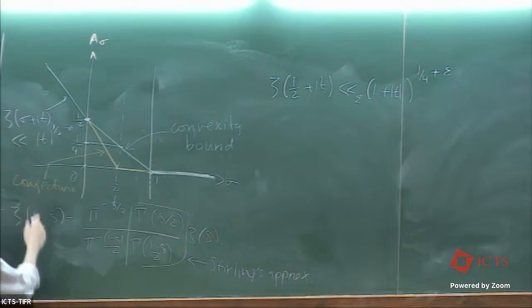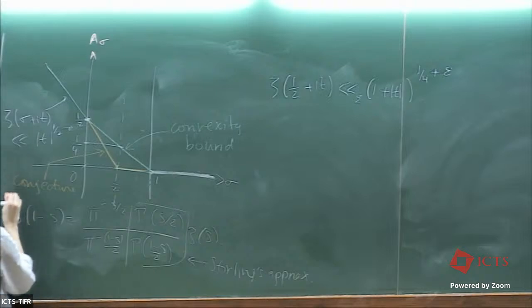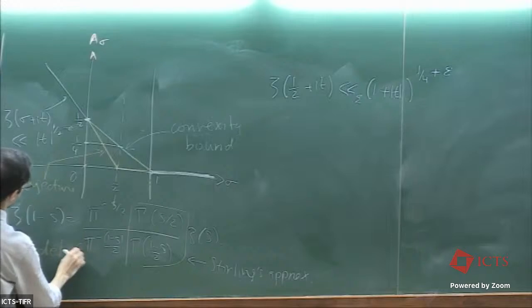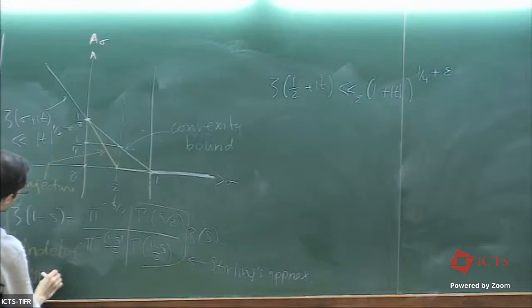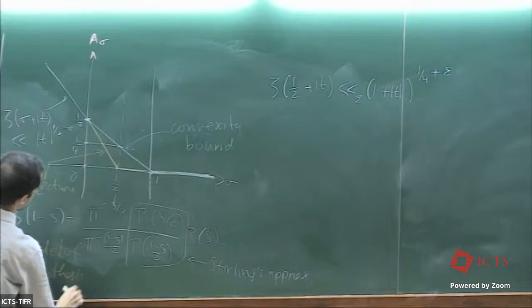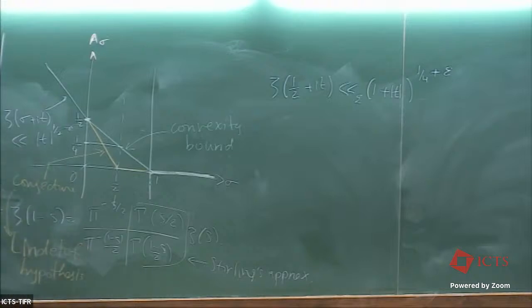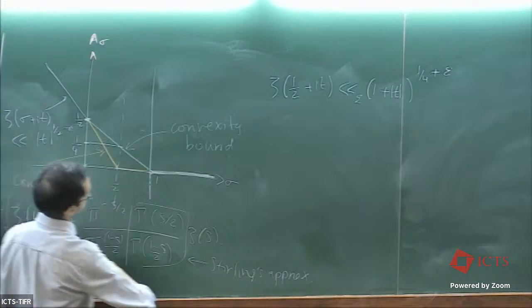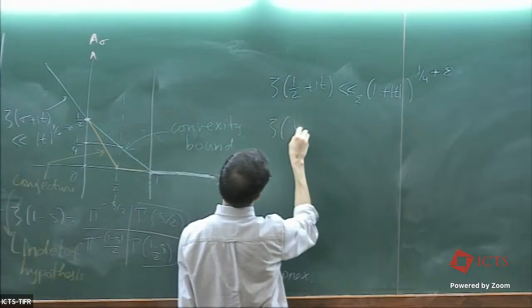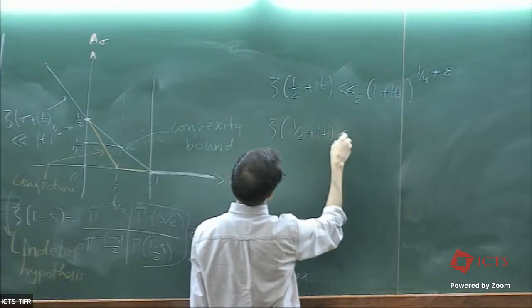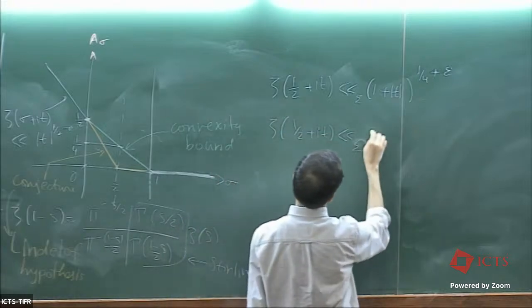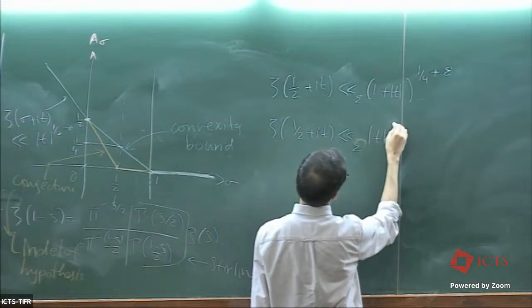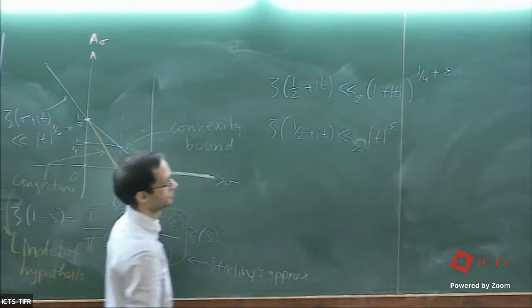This conjecture is the Lindelöf hypothesis. And it's a consequence of the Riemann hypothesis, actually. So the Lindelöf hypothesis at 1/2 actually tells you that zeta of 1/2 plus it is going to be smaller than t to the 0 plus epsilon. So just this.